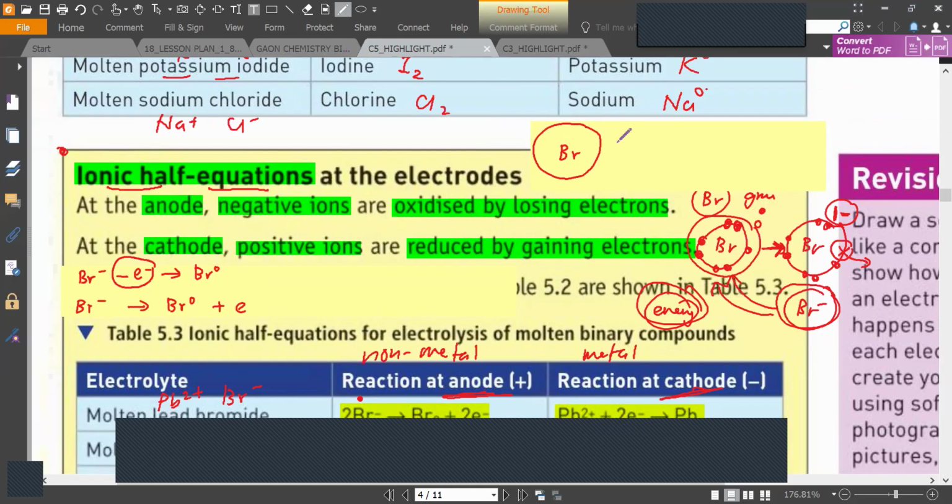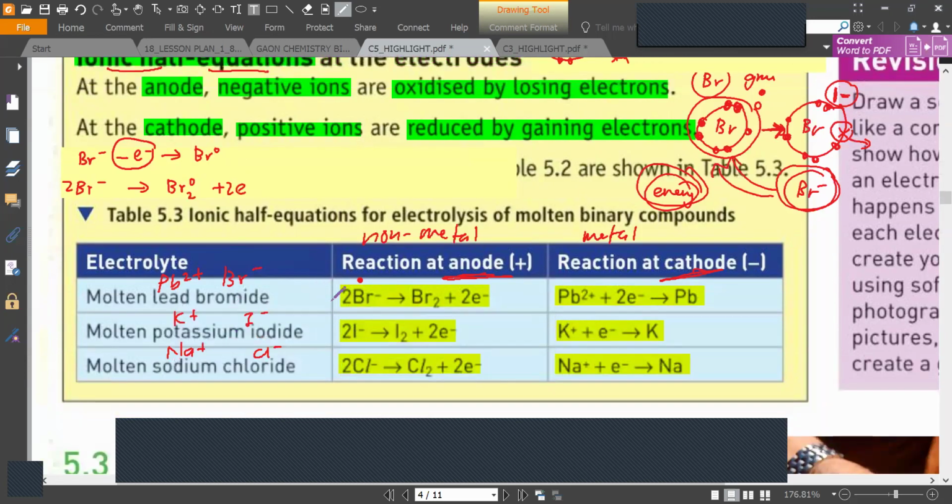So if we form the covalent compound to fulfill the octet, we must form Br2. So we must form Br2, which means to balance the equation, we will do like this. So that's how we get this equation here.